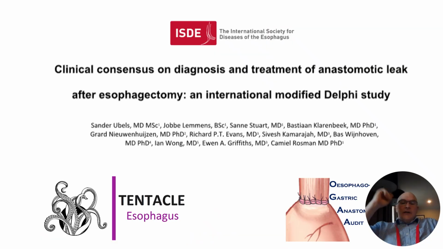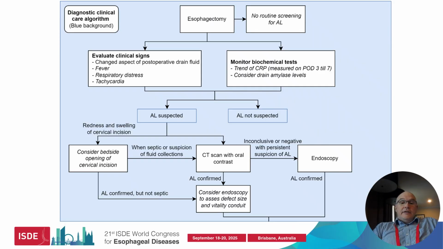The TENTACLE and OGA group have recently put this all together in a clinical consensus statement done by a Delphi consensus. In the paper, which is hopefully due to be published in Diseases of the Esophagus shortly, we've come up with an algorithm which suggests that there's no evidence for routine assessment of the anastomosis.